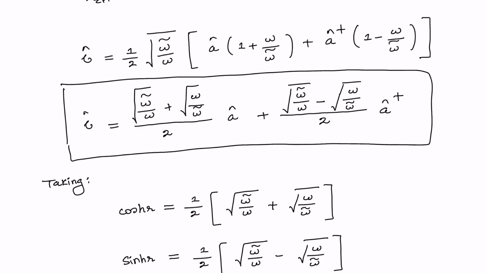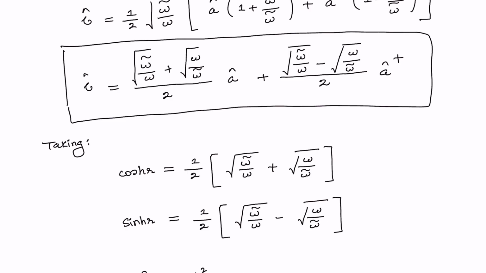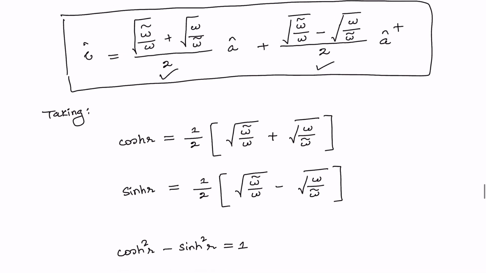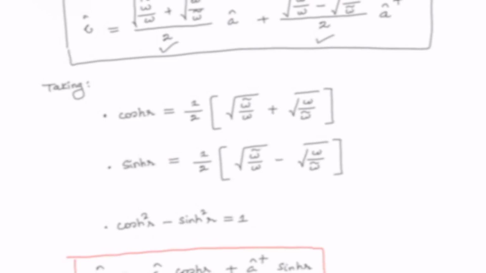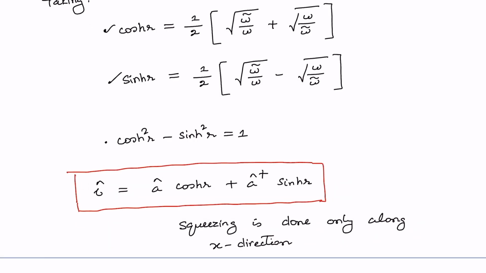Now if you take cosh r as this quantity and sinh r as this quantity, because if you take cosh r like this and sinh r like this, it is going to satisfy these equations, then you can write this annihilation operator for the new harmonic oscillator in terms of the creation and the annihilation operator for the old Hamiltonian by this expression.